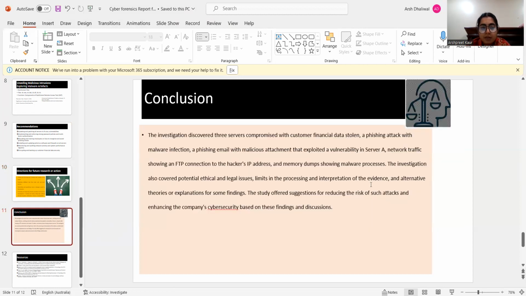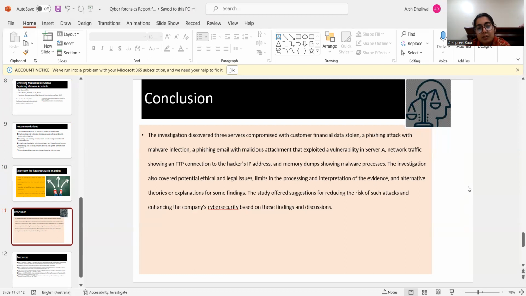And the last slide is about the conclusion. The investigation discovered that three servers were compromised and customer financial data was stolen, through a phishing attack with malware infections: a phishing email with a malicious attachment exploited a vulnerability in a server, network traffic showed the theft connection to the hacker's IP address, and memory dumps showed the malware process.